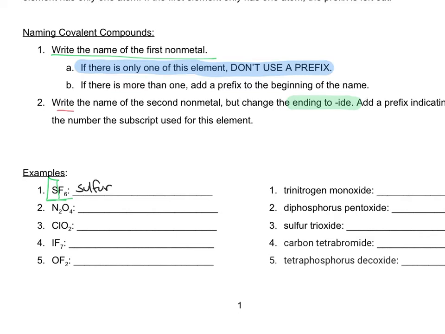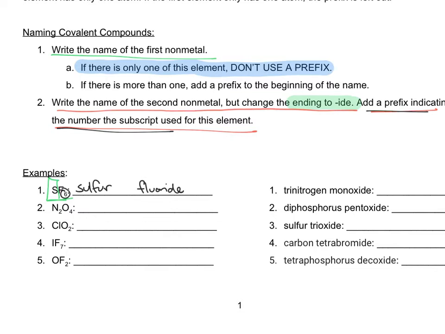Step 2 says write the name of the second nonmetal, but change the ending to IDE. Add a prefix indicating the number of the subscript used for this element. So the second element here is fluorine. If we change the ending of fluorine, we get fluoride. I'm going to leave room for my prefix. And then we have to add a prefix indicating the number for the subscript.